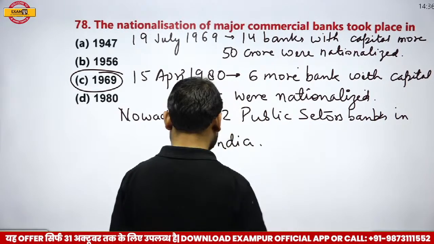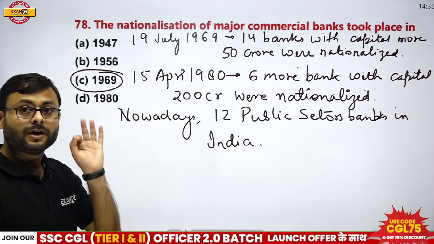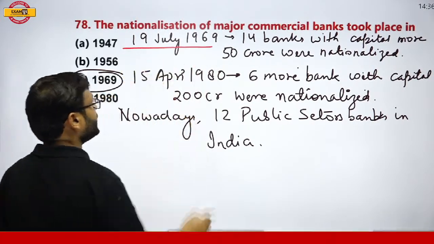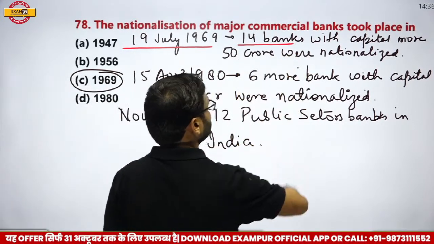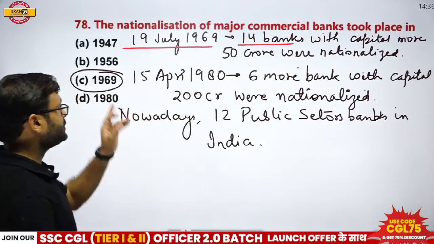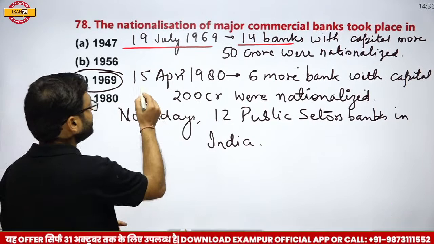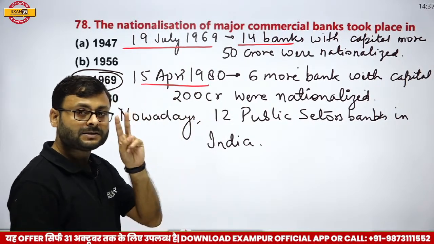First of all, you should remember that on 19th July 1969, 14 major banks were nationalized, and on 15th April 1980, 6 banks were nationalized, which was the second phase.